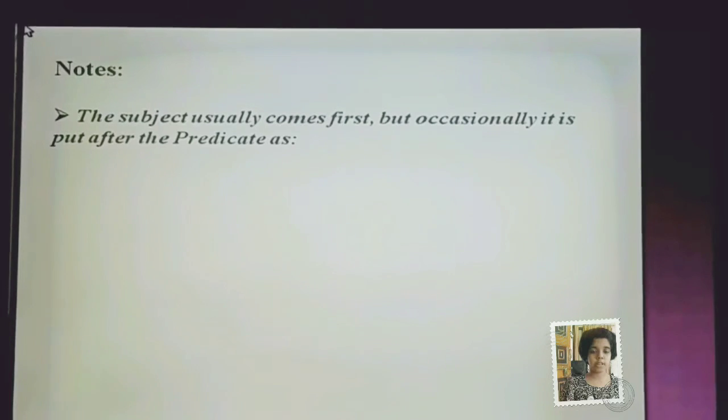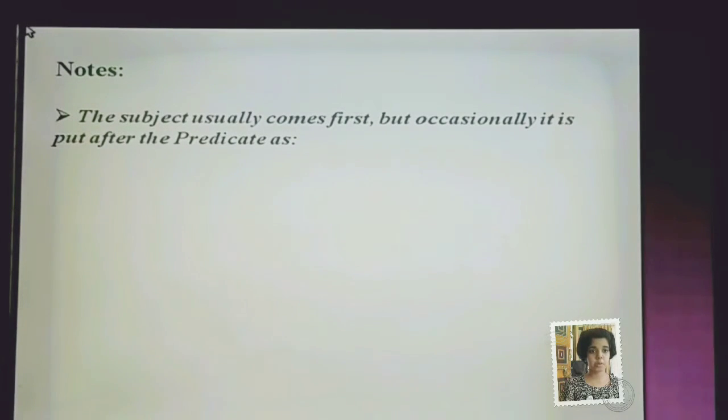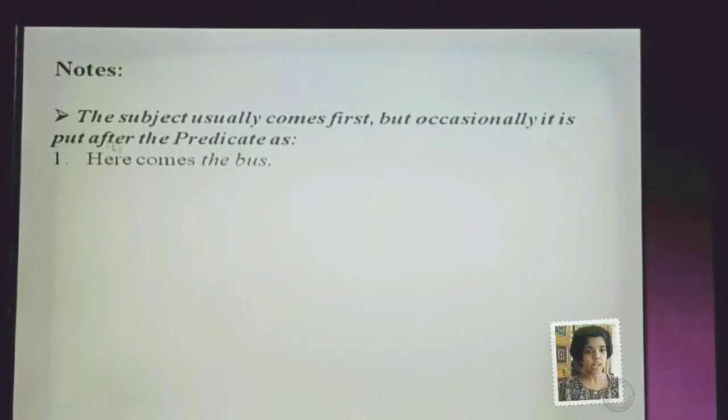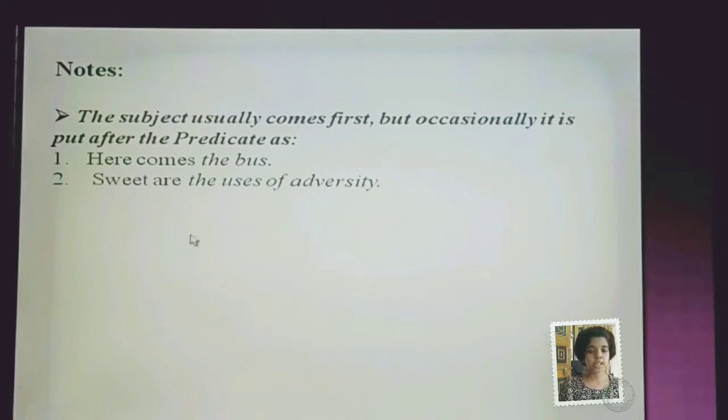Some points to remember: the subject usually comes first, but occasionally it is put after the predicate, as in "here comes the bus." Here the bus is the subject, but it is put after the predicate, that is, here comes. Similarly, "sweet are the uses of adversity."